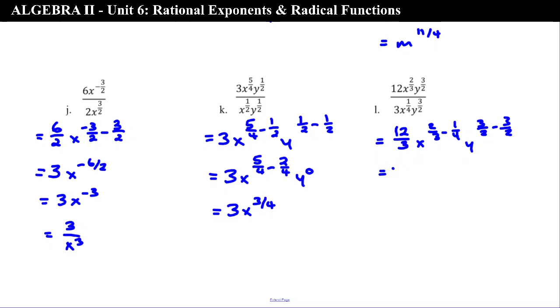So 12 divided by 3 gives us 4. We got to get a common denominator for our x's, so that common denominator will be 12. So we'll have x to the 8/12 minus 3/12. And then y to the 3/2 minus 3/2, that gives us y to the 0 again. Anything to the 0 power gives us 1, so we end up with 4x to the 5/12.